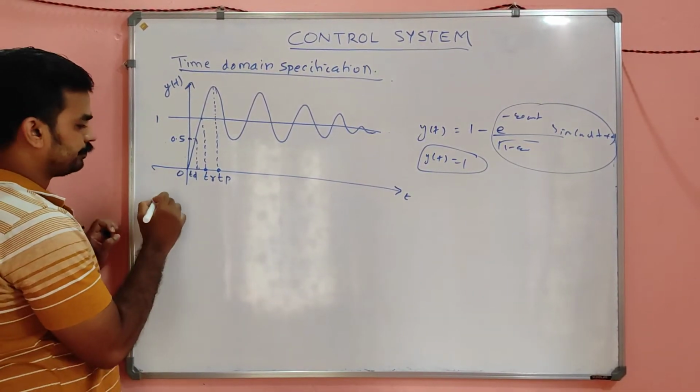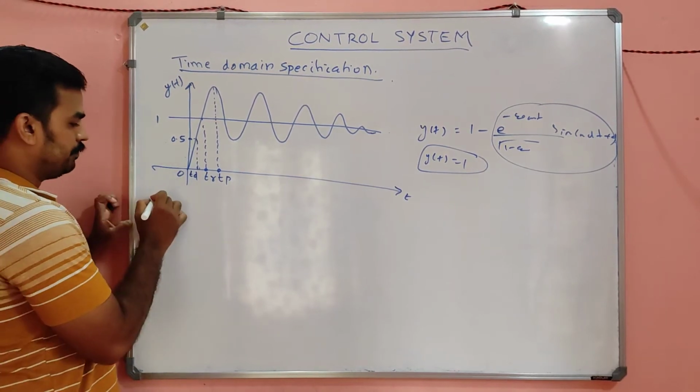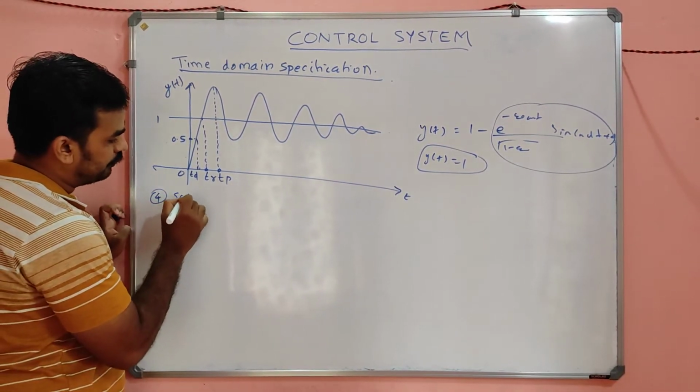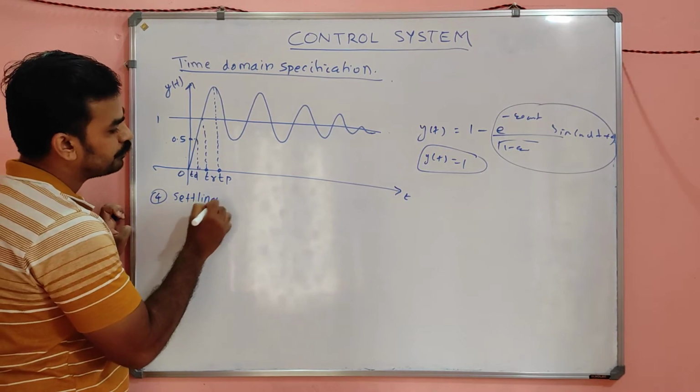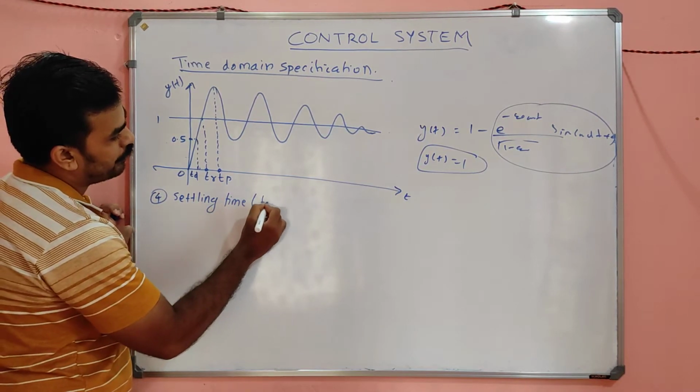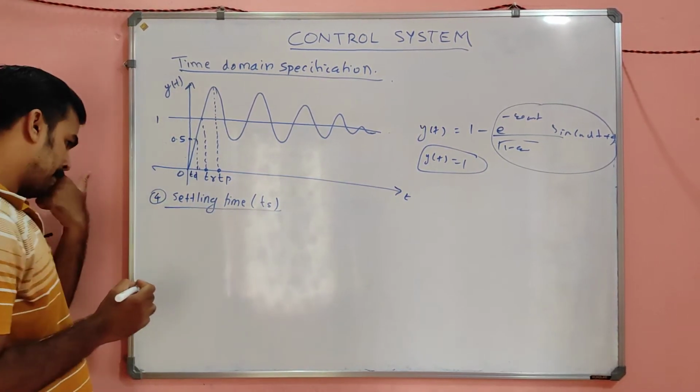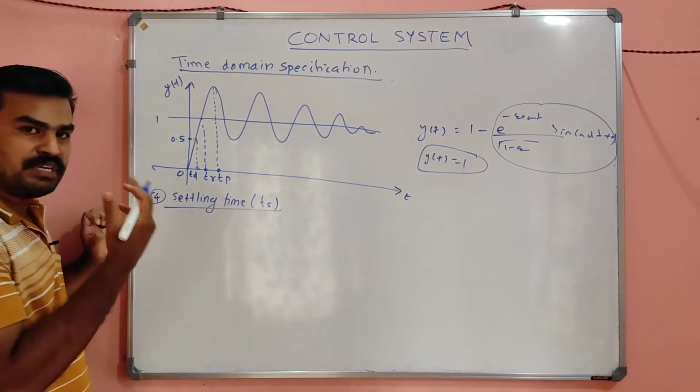Fourth one. So delay time, rise time, peak time. Next one, settling time, TS. What is the meaning of settling time?